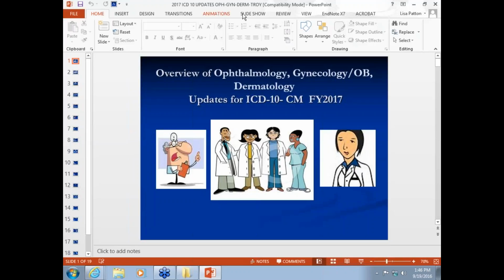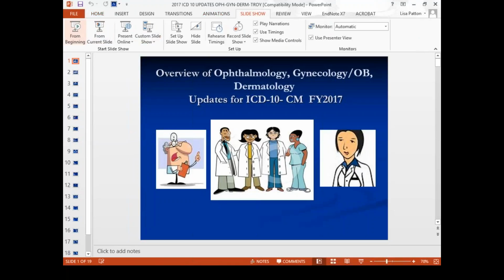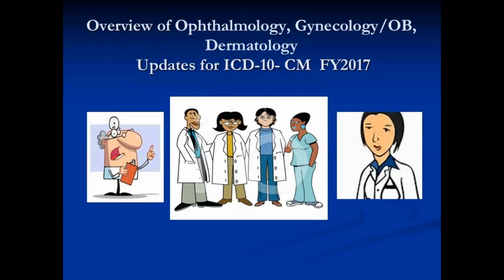Okay, my name is Troy Thompson, and my areas are, I had to write them down. Human genetics, radiation oncology, hematology oncology, ophthalmology, GYN, OB, and dermatology.